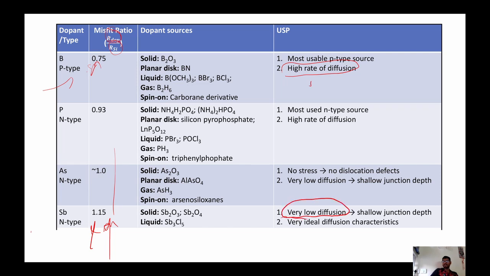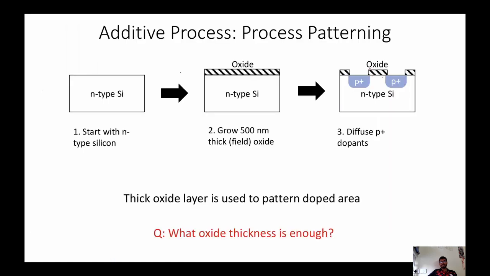Very low diffusion is there, but at low diffusion rates you can actually have a very good control over the diffusion in the silicon. Okay, so now these are the additive processes.